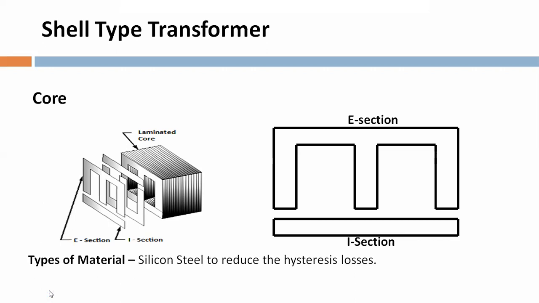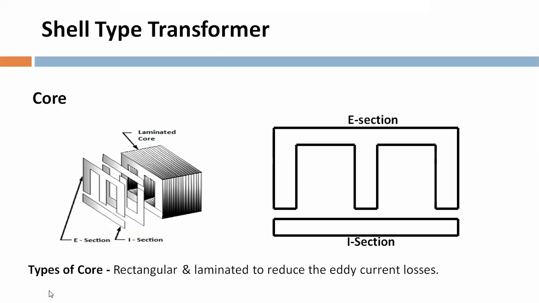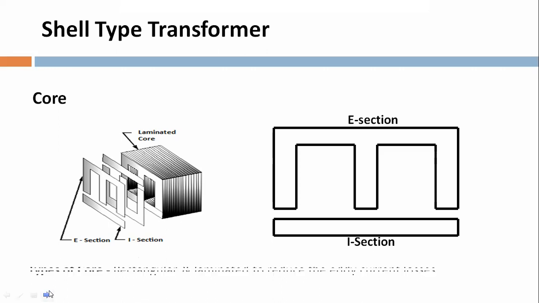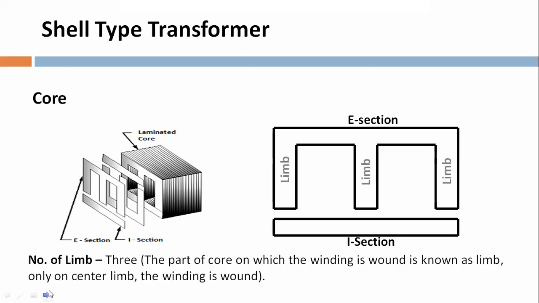Type of material: silicon steel is used to make the core to reduce the hysteresis loss. Type of core: rectangular and laminated to reduce the eddy current losses. Number of limbs: here 3 are there. We are seeing this in the figure. The part of the core on which the winding is wound is known as a limb.